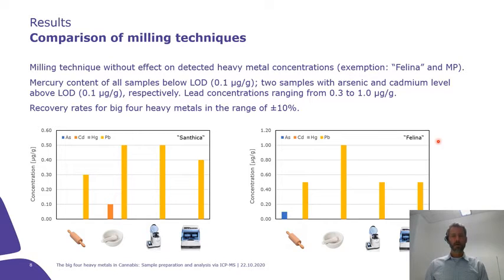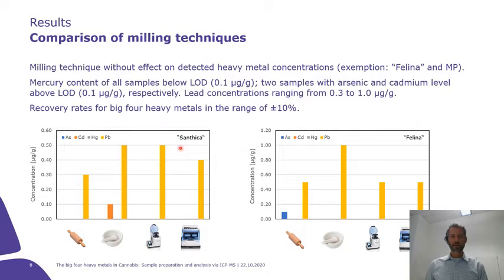It's a quite similar result. We only found arsenic in one sample using the rolling pin, and for the others only lead was detected. When you look at the result for the mortar and pestle approach, the lead content is quite high, so it's 1 microgram per gram.